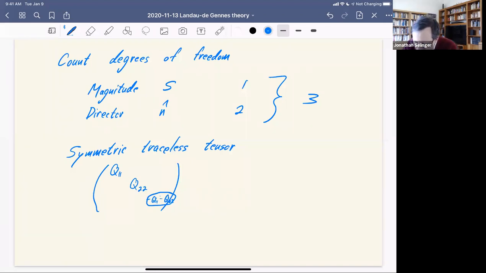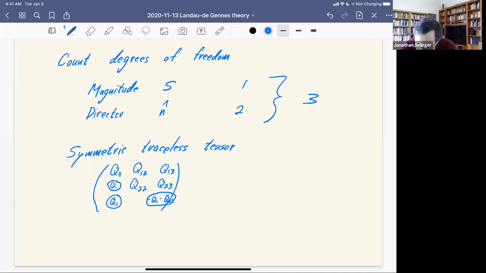Then for the off-diagonal terms, you have to choose Q12, Q13, Q23. But then what goes here has to be the same as what's there in order for the tensor to be symmetric. Likewise, whatever goes here has to match what's up here. So this has to be Q13.